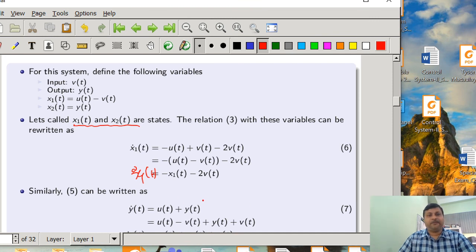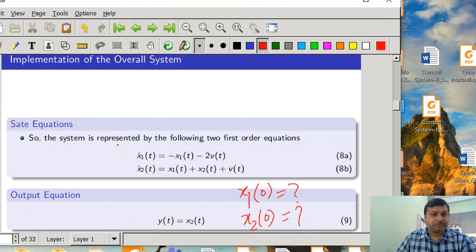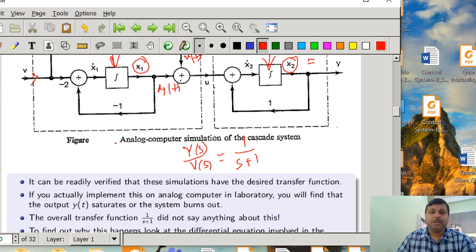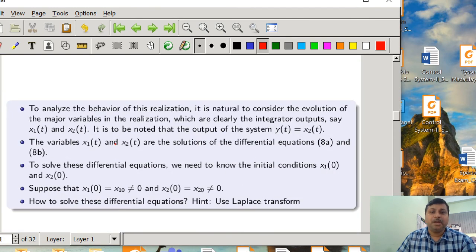Formally I have not defined the state variables, but just to shed some light, we found that these two variables, which are the outputs of the integrators, are very important for deciding, because if their initial conditions are not equal to zero, then the output is going to be unbounded.